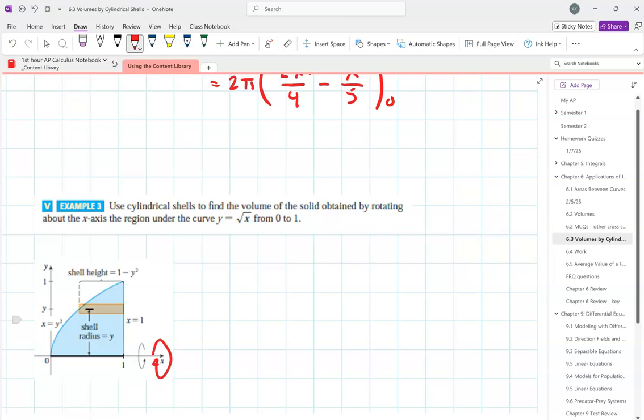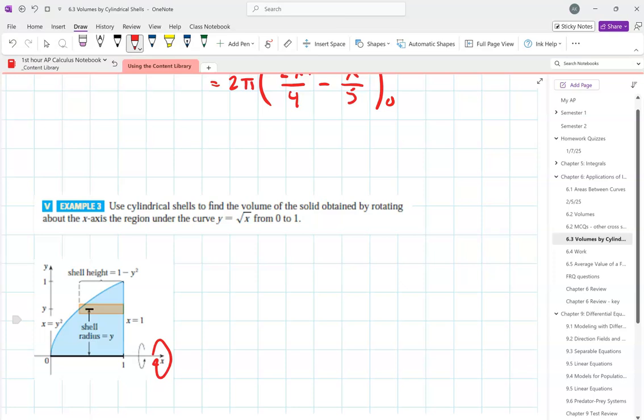I want to point out to you guys, a shell is a stupid way to do this problem. I would just use a disk. Super simple disk problem, but for the sake of argument, let's do it as a shell to show you that being able to choose appropriately is really helpful.